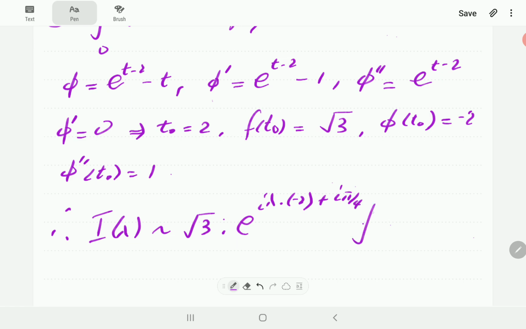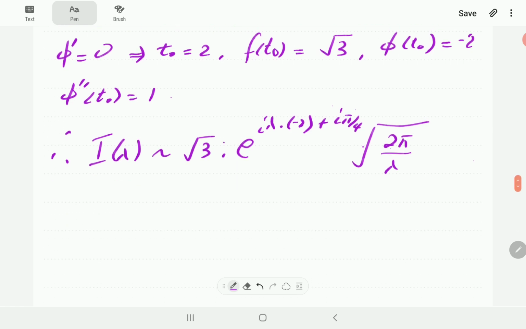It's positive this time because the second order derivative is positive here. Then there's going to be times square root 2 pi all over lambda, because the second order derivative is 1.